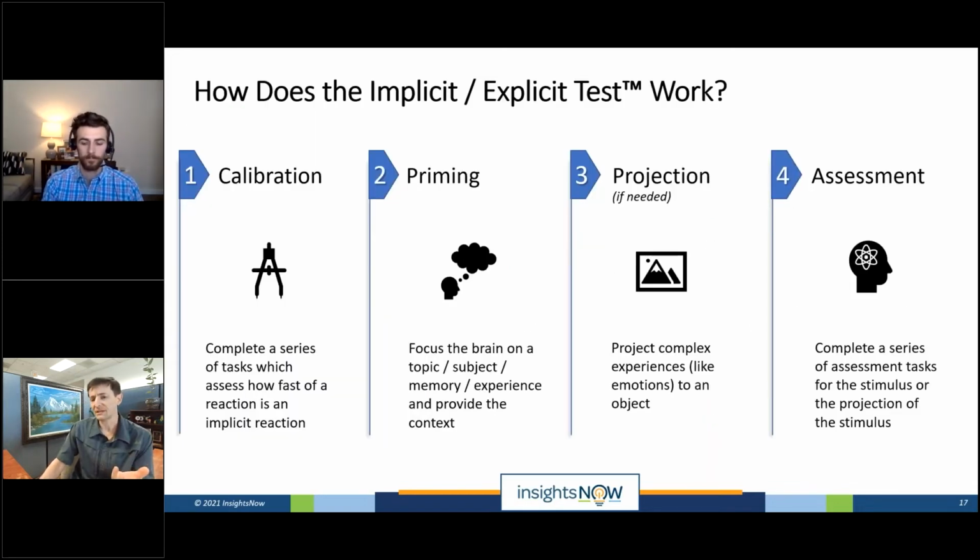Implicit explicit testing has 4 core steps. The first step is always calibration. One of the things we found in implicit explicit work is that if you try to generalize across a group of people, you will get very poor, hard to interpret results.